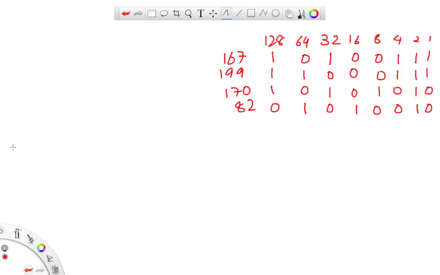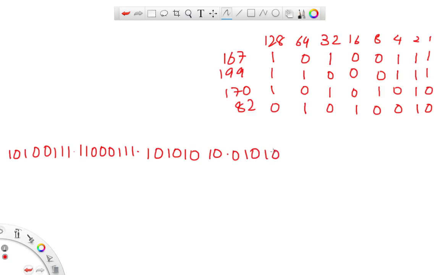Now quickly put this into the binary format of the IP address. 10100111, 11000111, 10101010, 01010010.